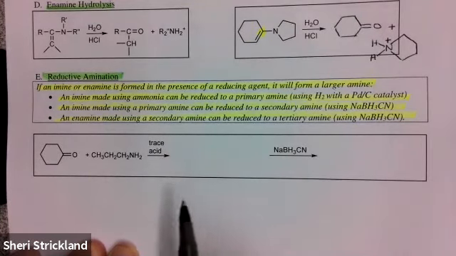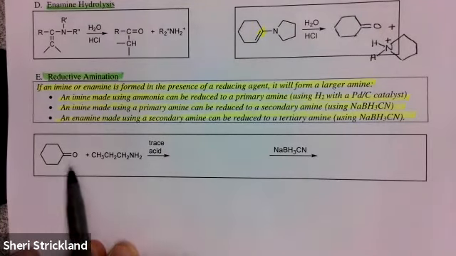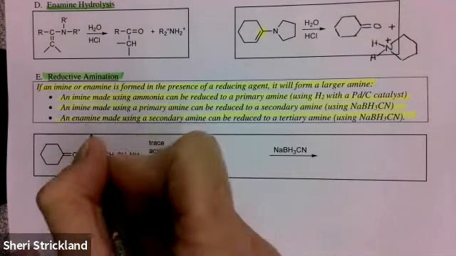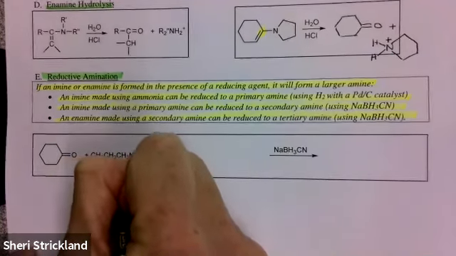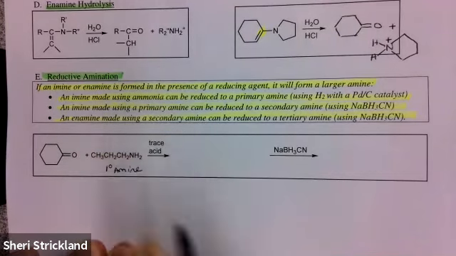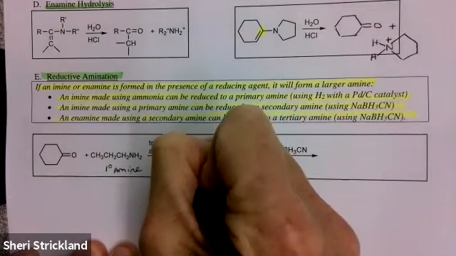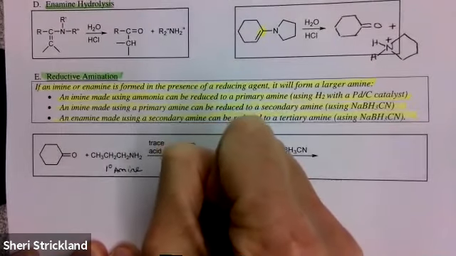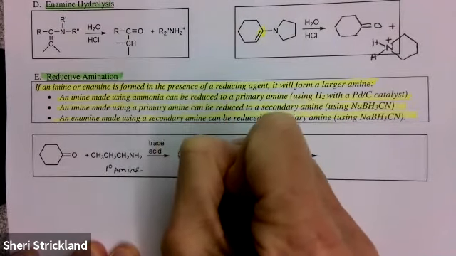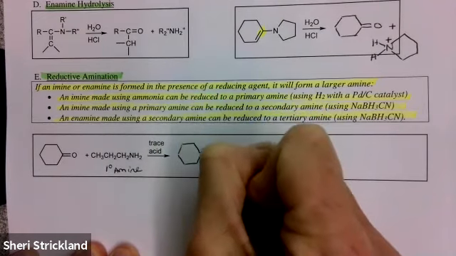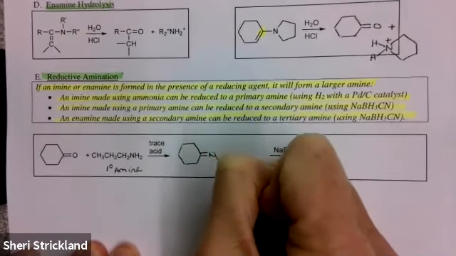So let's see what we're going to do here. You know that if you had this guy here, this is a primary amine. So a primary amine with a ketone, is that going to make an imine or an enamine? It's going to make an imine.